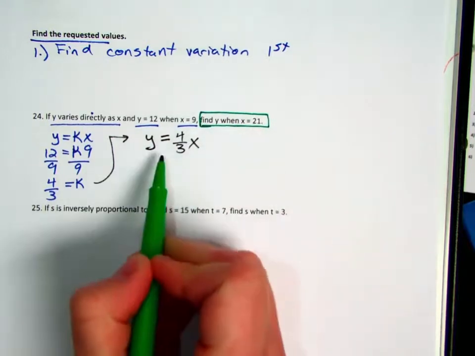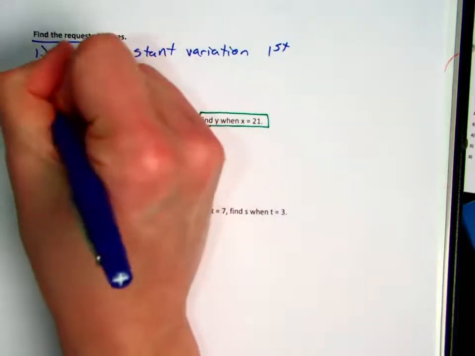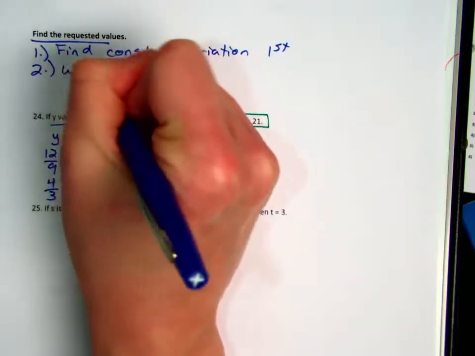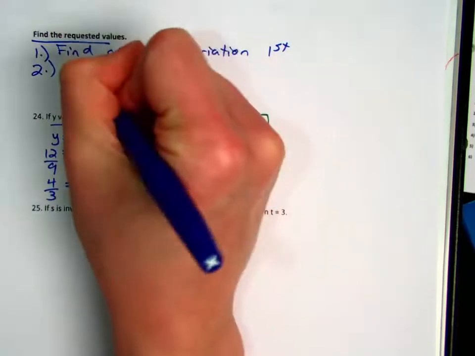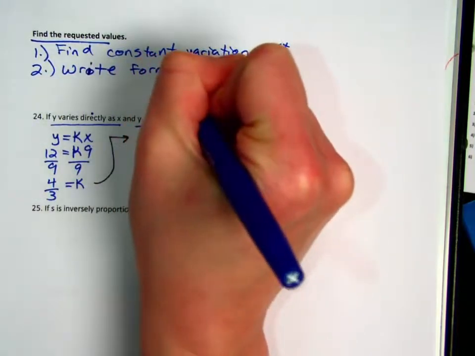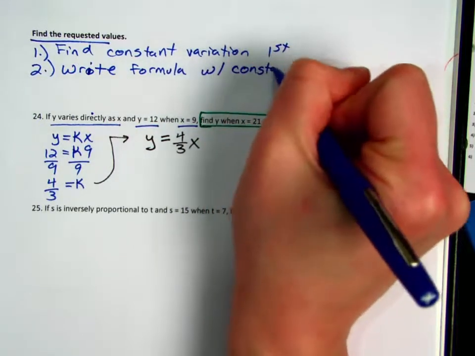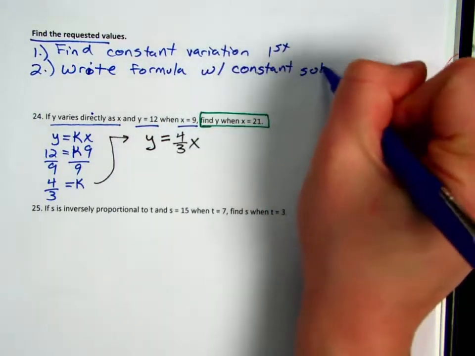Now that we've found our constant of variation, just like we did before, and we wrote our formula, step 2 was write formula with constant substituted in.